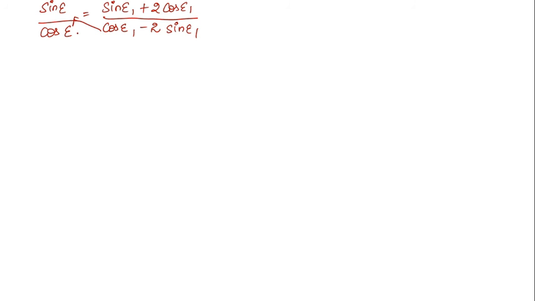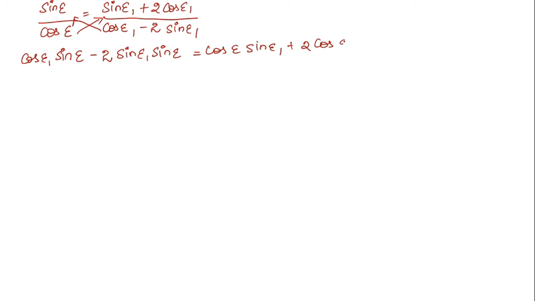You can cross multiply these two terms, so it will be cos epsilon 1 sine epsilon minus 2 sine epsilon 1 sine epsilon equal to cos epsilon sine epsilon 1 plus 2 into cos epsilon 1.